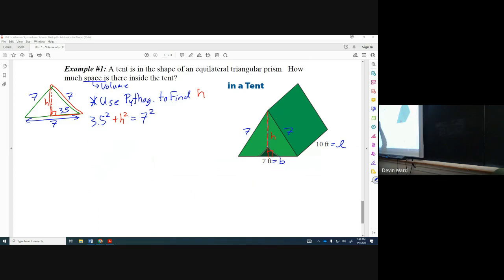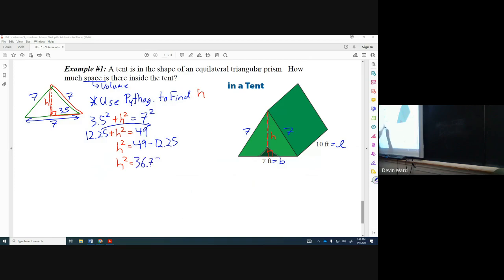Okay, so 3.5 squared is 12.25 plus my height squared equals 49. I need to get h squared by itself, so I'll bring over the 12.25 to get h squared all by its lonesome. That's 49 minus 12.25, which is equal to 36.75.